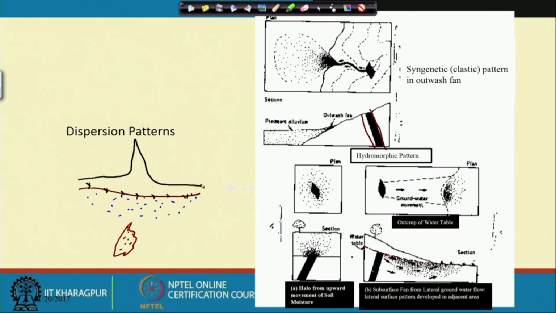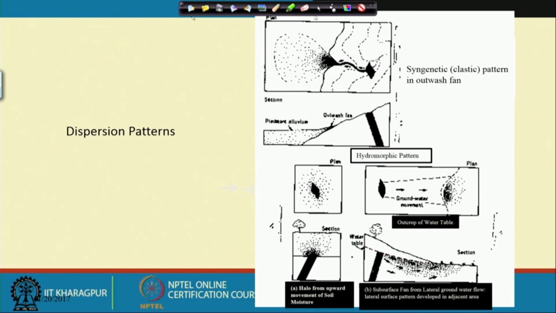So, this is an example which would give us some clue to identify whether that particular area's soil could be a transported soil or a residual soil.